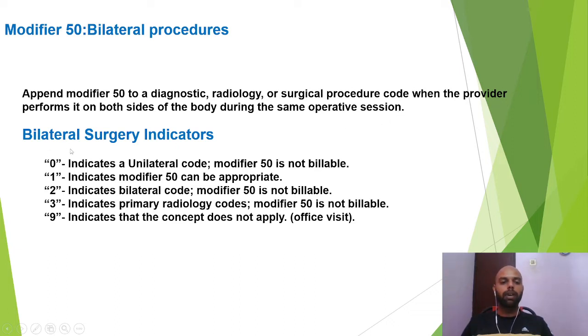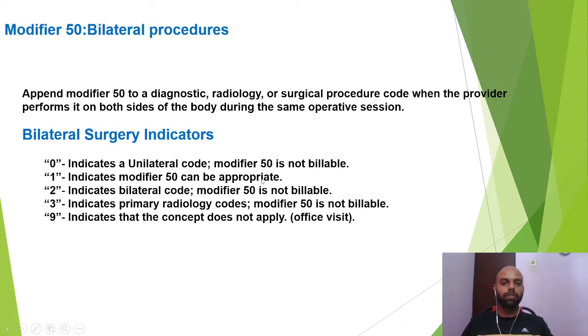There are some bilateral surgical indicators which give an idea where to use and where not to use modifier 50. 0 indicates a unilateral code. The code itself is a unilateral code, so modifier 50 is not billable. 1 indicates modifier 50 can be appropriate.